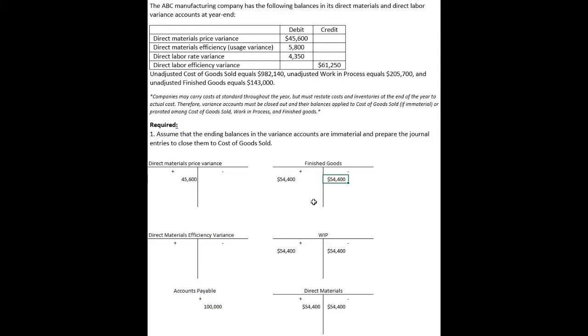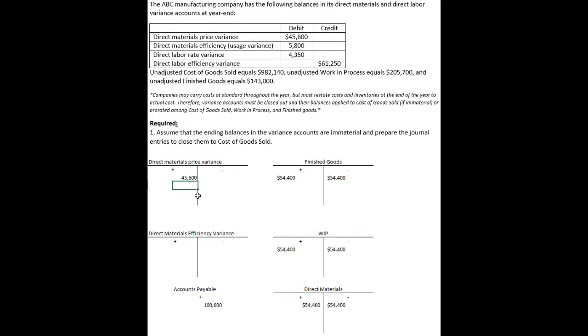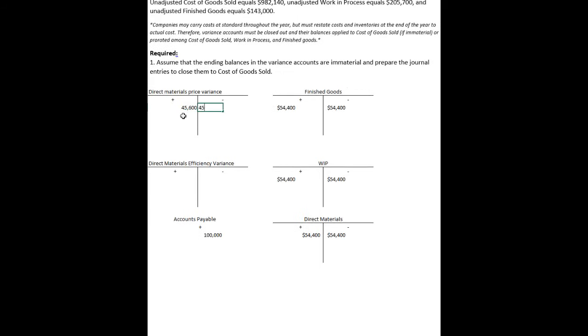calculated in there. So what we do then at the end of the accounting period is we say, well, if this amount is immaterial, this amount, the difference between the standard and the actual, it's the variance. If it's immaterial, we close it right to cost of goods sold. So this account goes to 0, and we debit cost of goods sold.